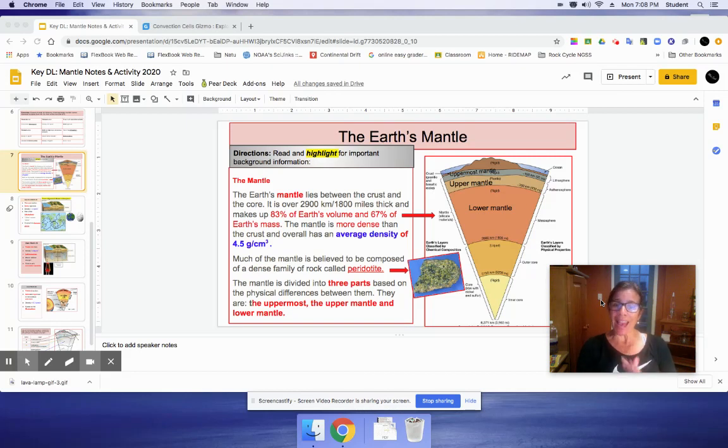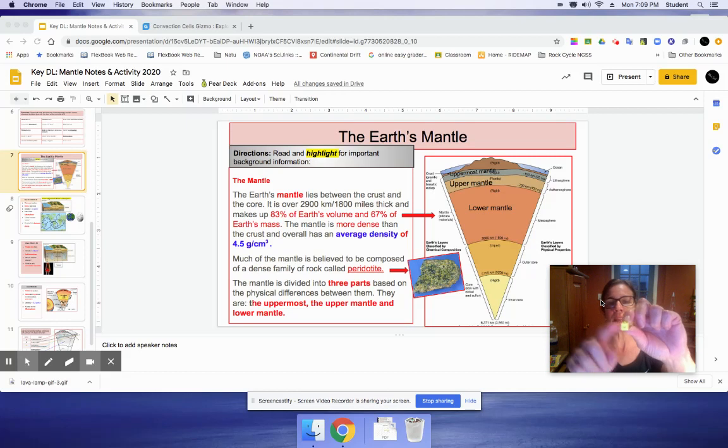The average density of the entire mantle is about 4.5 grams per cubic centimeter, and that means that there's 4.5 grams of matter stuffed into every little cubic centimeter. In fact, let me show you what a cubic centimeter looks like in my bag of goodies here. So I'm going to hold up a little cube, and you should be able to see that.